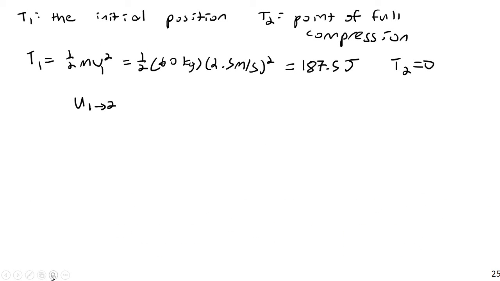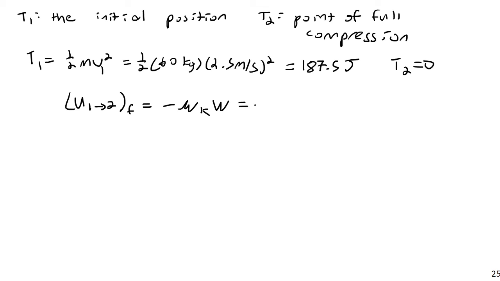Okay, so the U from 1 to 2 of friction, I'm going to need to do two different work calculations. The work from 1 to 2 of friction is going to be negative mu kinetic times the weight of the package, because normal force will be equal to the weight of the package in this case, so it'll just be weight here.